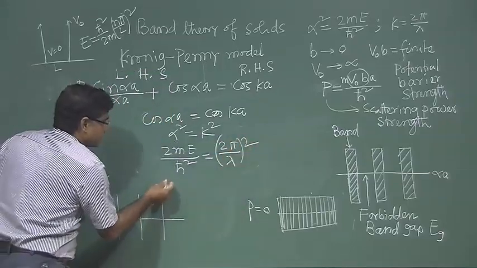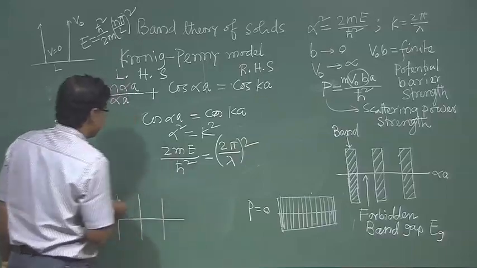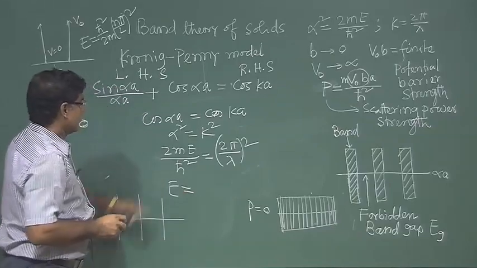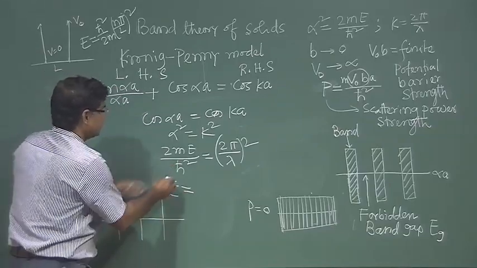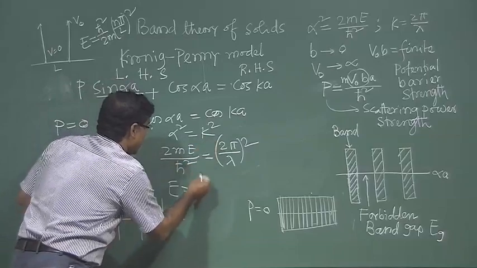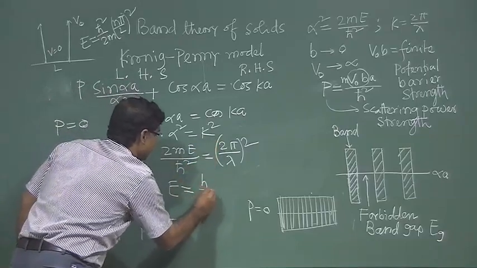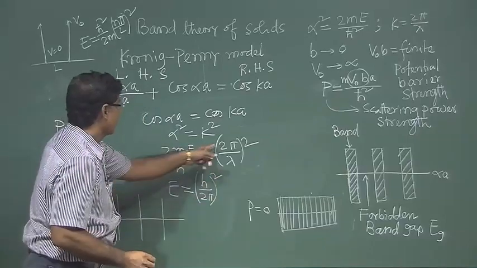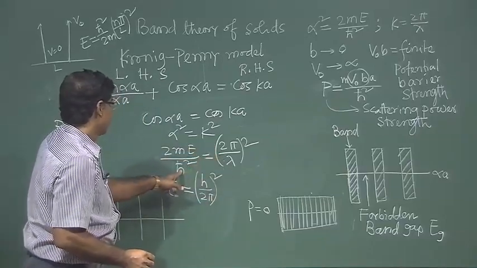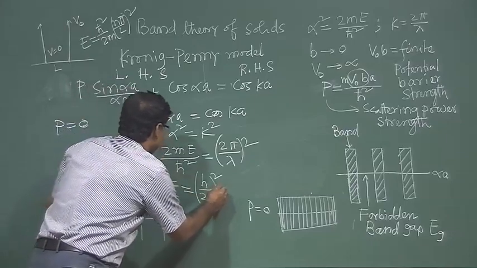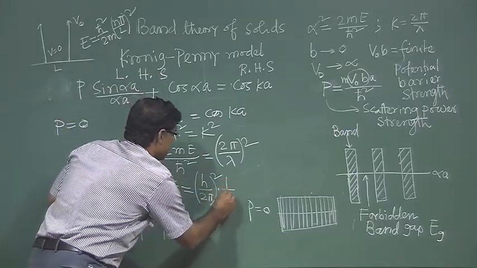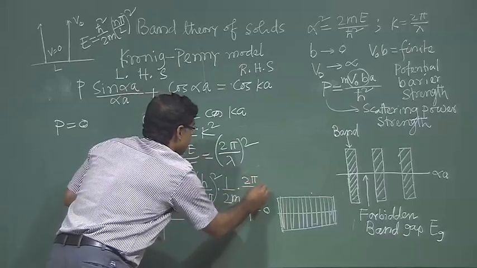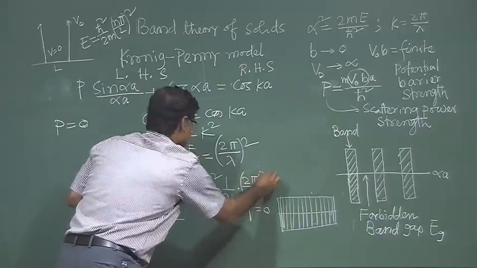So I will get E equal to, with h cross square meaning h by 2 pi whole square, 1 by 2m times 2 pi by lambda whole square.